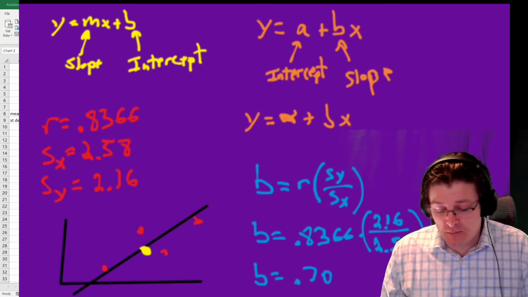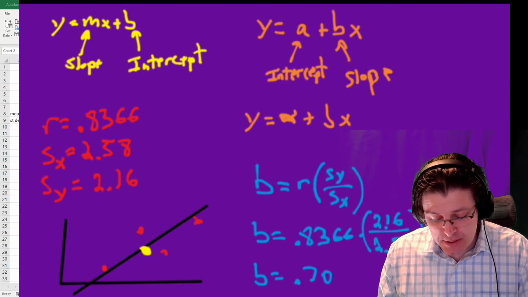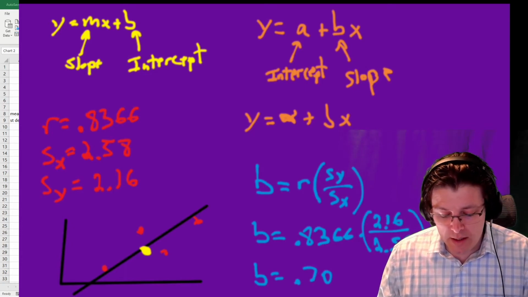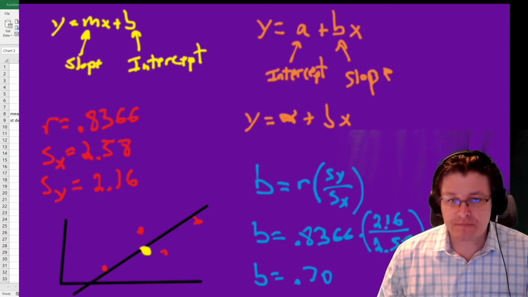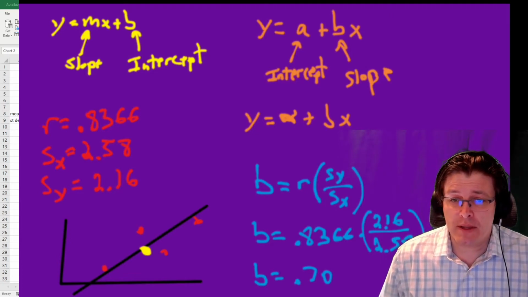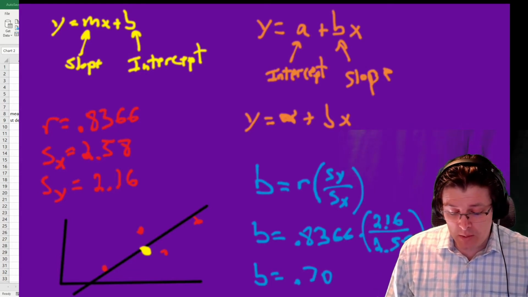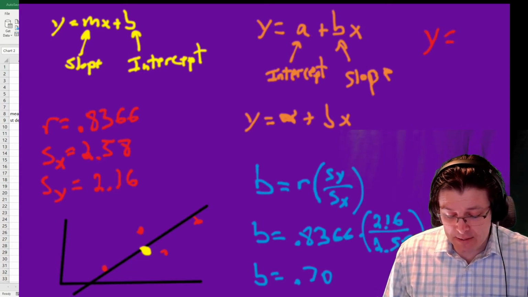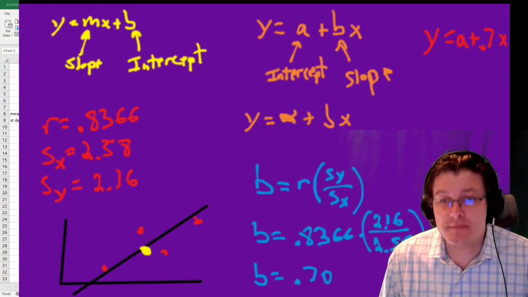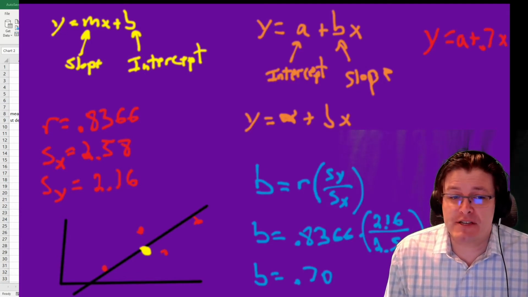Well, this is more algebra, not necessarily graphing: when we have one equation and one unknown, we can find that unknown. So what have we learned thus far? We know now that y is equal to a plus 0.7x. That's the equation that we have thus far for this line.